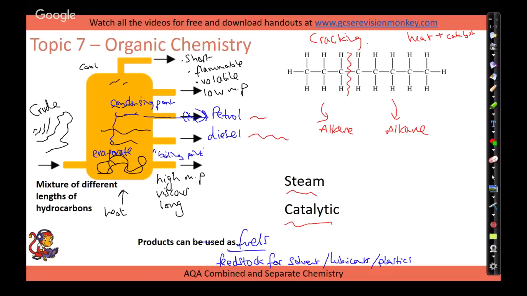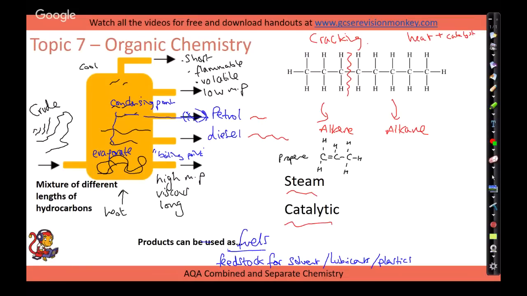Let's take the 3 carbons, but this one's special because alkenes have a double bond. So 1 double bond and then the rest single. Filling it up with the hydrogens, that's already got 2 bonds, so that can only have 2 more. That's already got 1, 2, 3 bonds, so that can have 1 more. And that can have 3 more. So there's our alkene. It's got 3 carbons, so actually that's propene that we've made there.